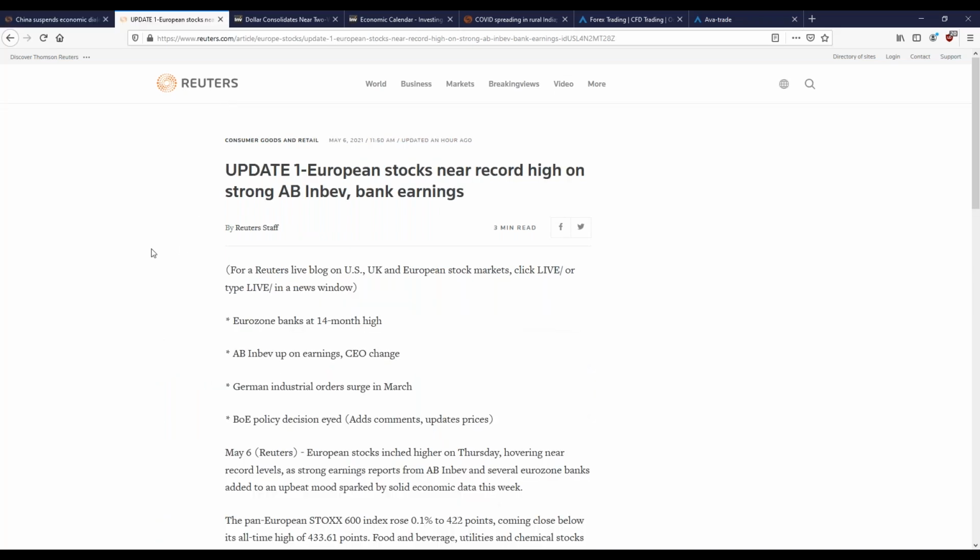European stocks near record high on strong AB InBev and bank earnings. Okay, so it's earnings season. Every few months, banks and other corporations report their numbers, their earnings numbers, their revenue numbers, etc. And important entities have been doing very well out of the European Union.